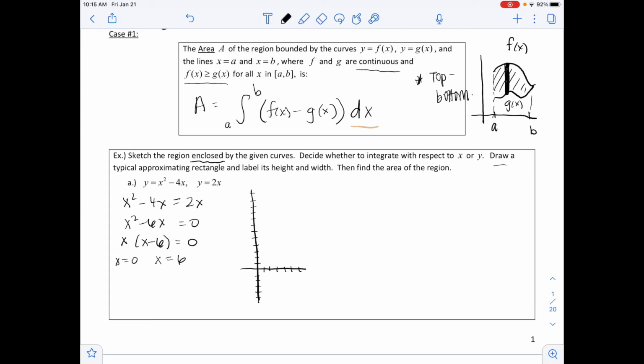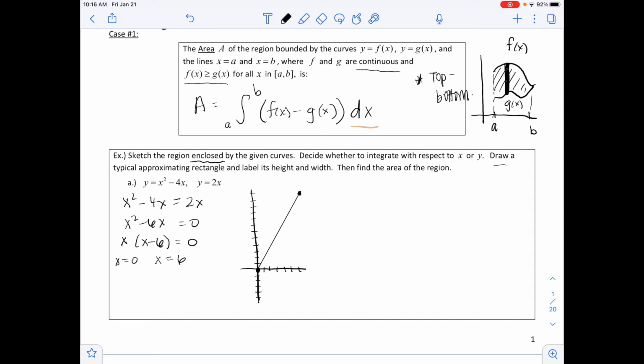And then to graph that second equation, that one is really nice. It's just a straight line. And I know that if I substitute in 0, I get 0, and substituting in 6, I get 12. And so that's the graph of the second equation that we have, y equals 2x.